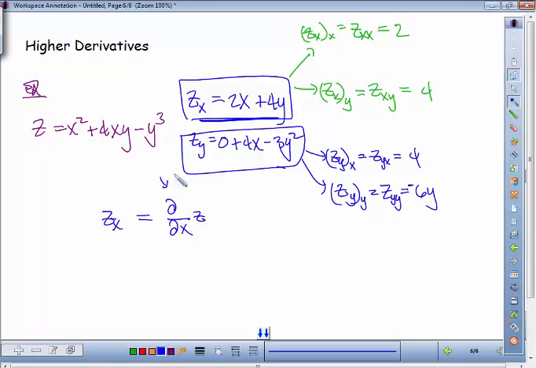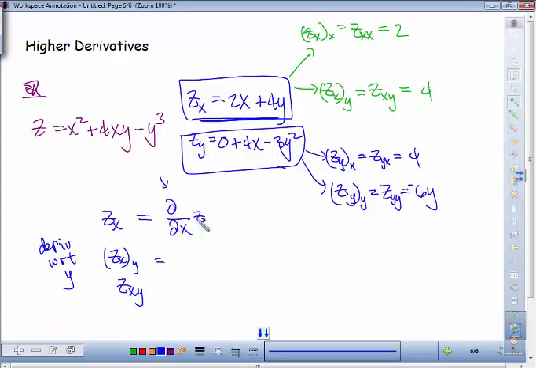So if we want to go one derivative higher, derivative with respect to y, on this side we take our zx, and then we apply y to it, we get zxy. That's what we got over here. But on the other side, we have to apply it on the left side, so we apply d dy of dz dx.